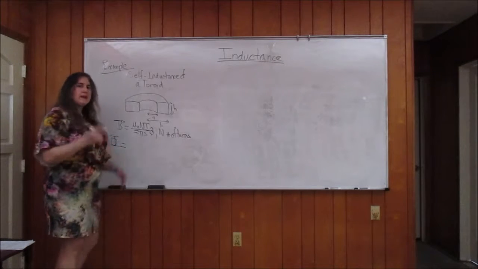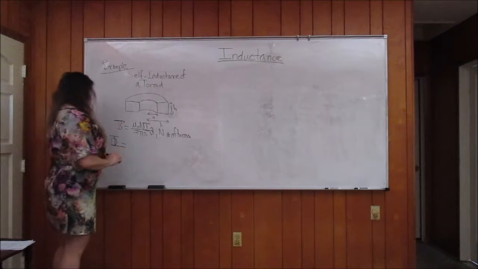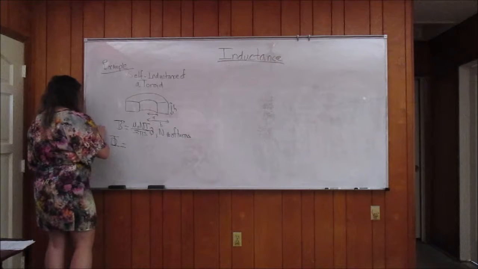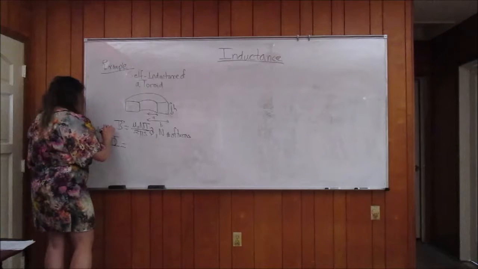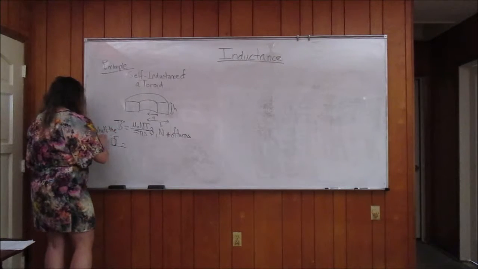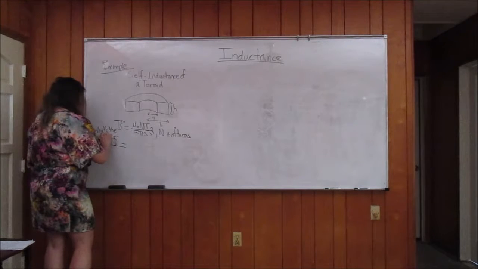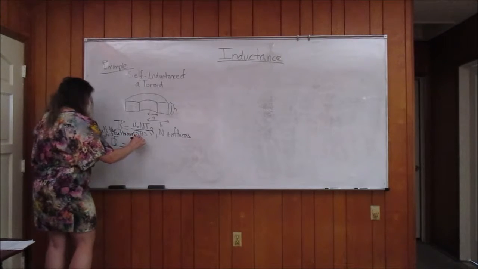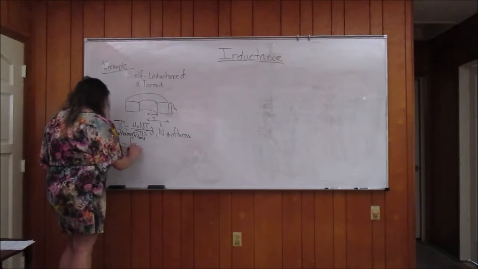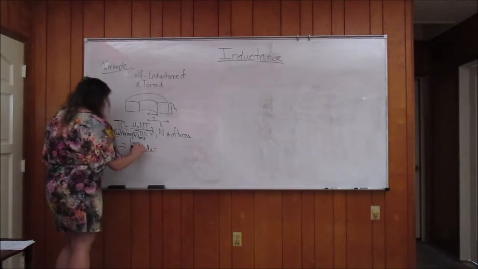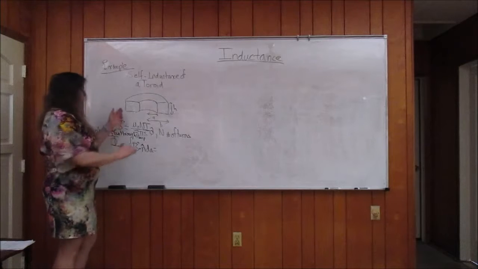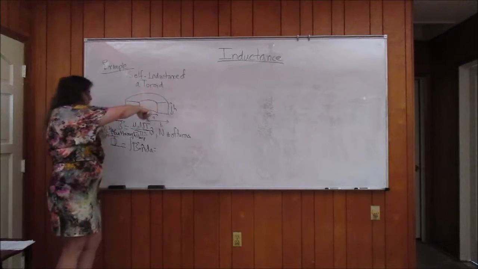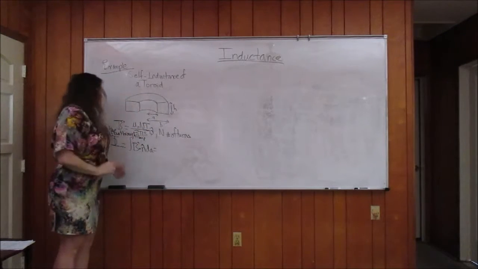I want to figure out what the magnetic flux is through one of those loops. Circumferential means it's just going around in a circle into and out of the board.